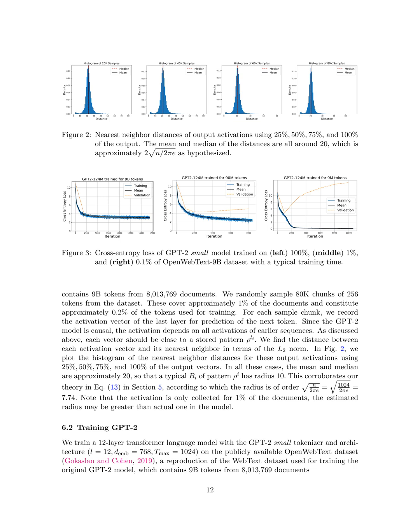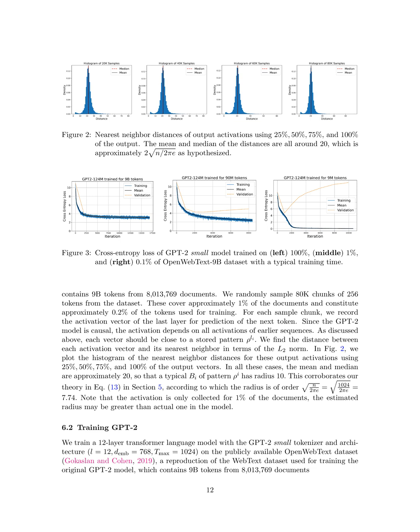This indicates that a typical B_I of pattern row ξ_I has a radius of 10. The histogram of the nearest neighbor distances for the output activations, using different percentages of the output vectors, 25%, 50%, 75%, and 100%, displayed a mean and median distance of around 20, confirming the theoretical prediction that the radius is of the order of sqrt(n/(2πe)) = 7.74.